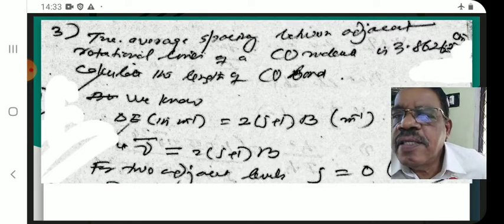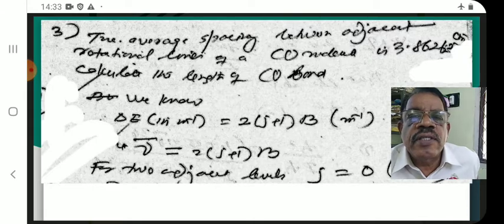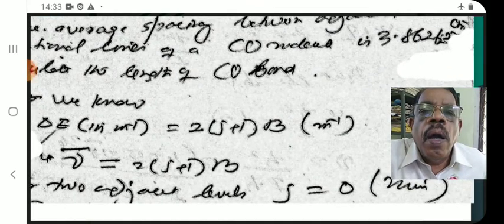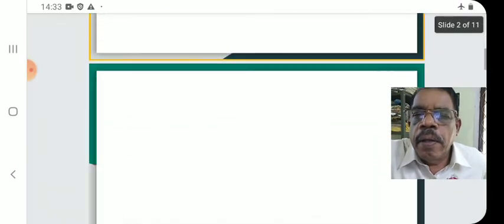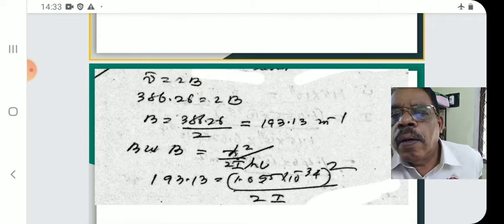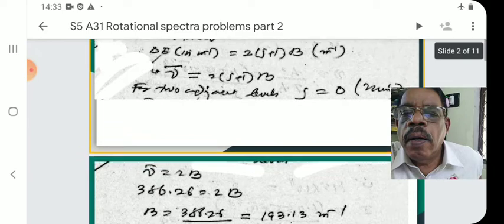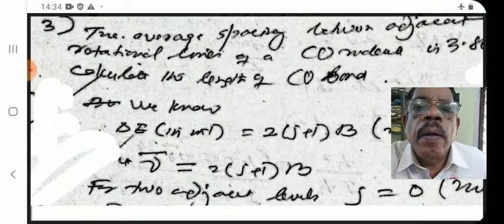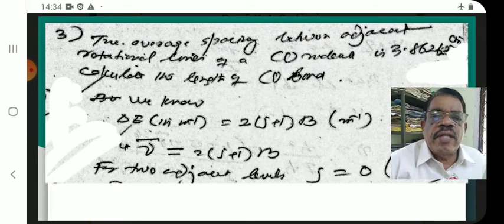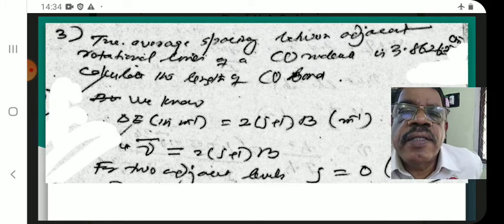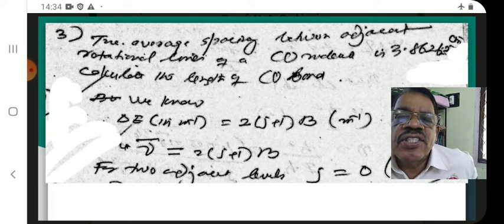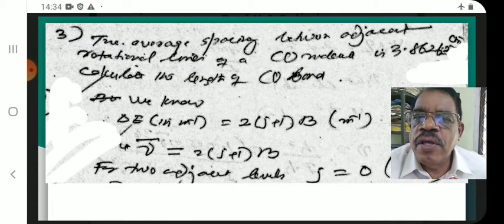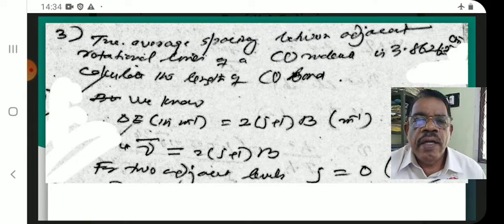The average spacing between adjacent rotational levels of a CO molecule is 3.862 centimeter raised to minus 1.